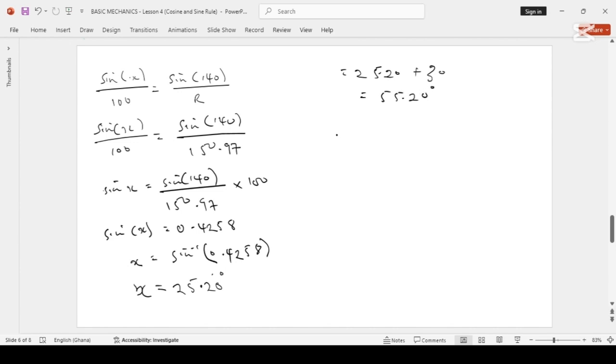So we can now conclude that our resultant force R is equal to 150.97 newtons, acting at an angle of 55.20 degrees. So this is our final answer.